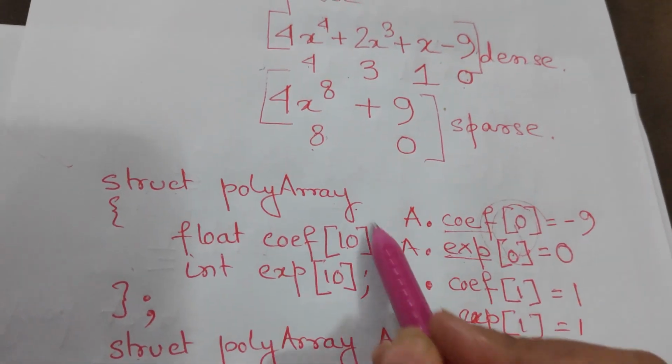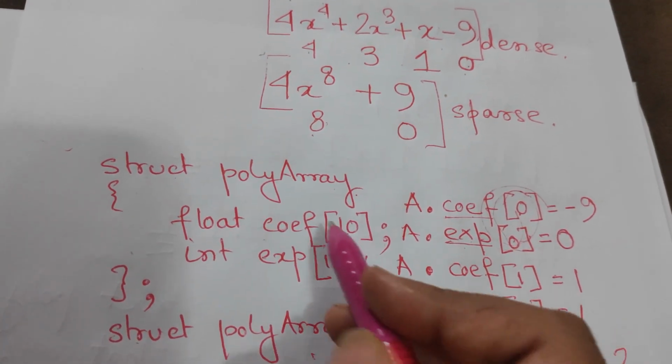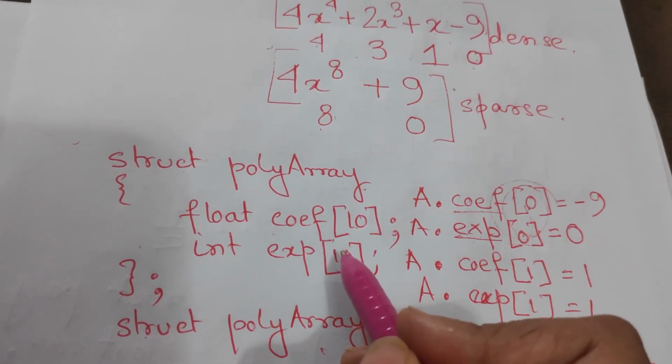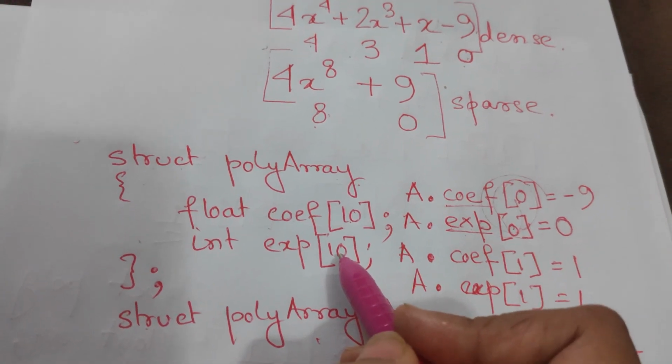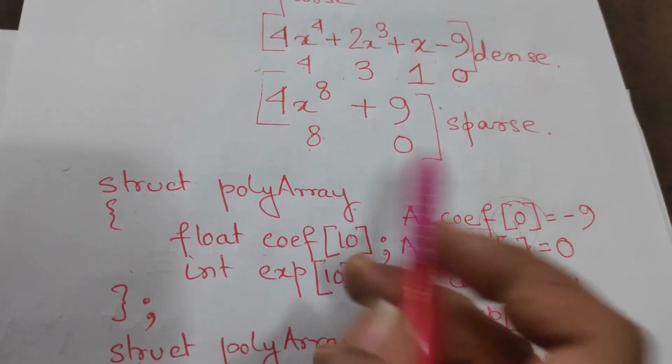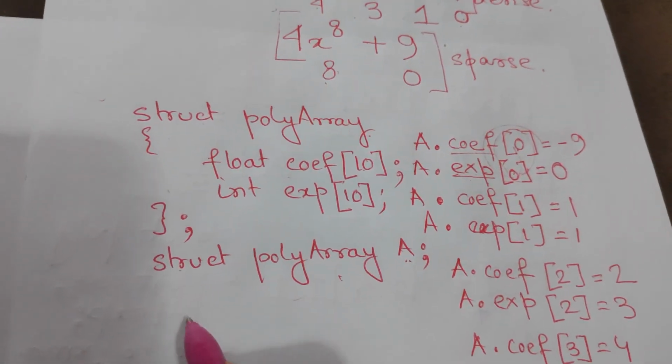Now, in this polynomial, as we have understood, we can store 10 terms, right? Now this polynomial has got 2 terms. So what will happen?